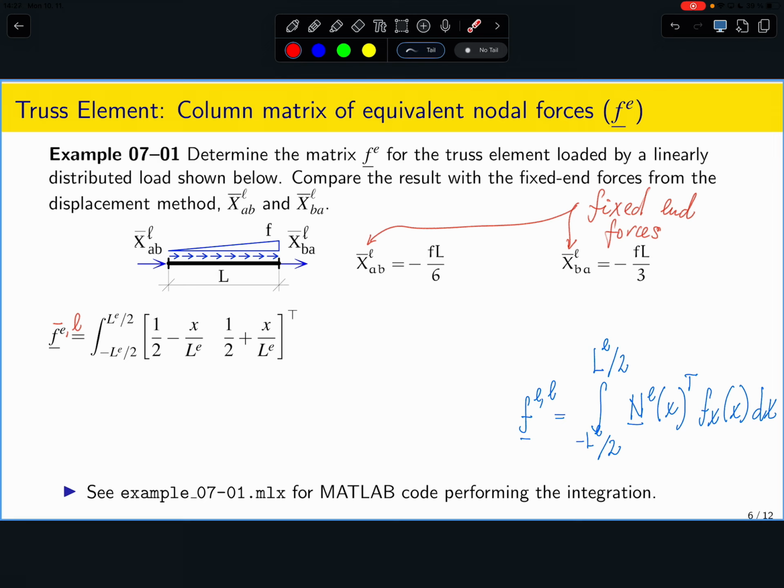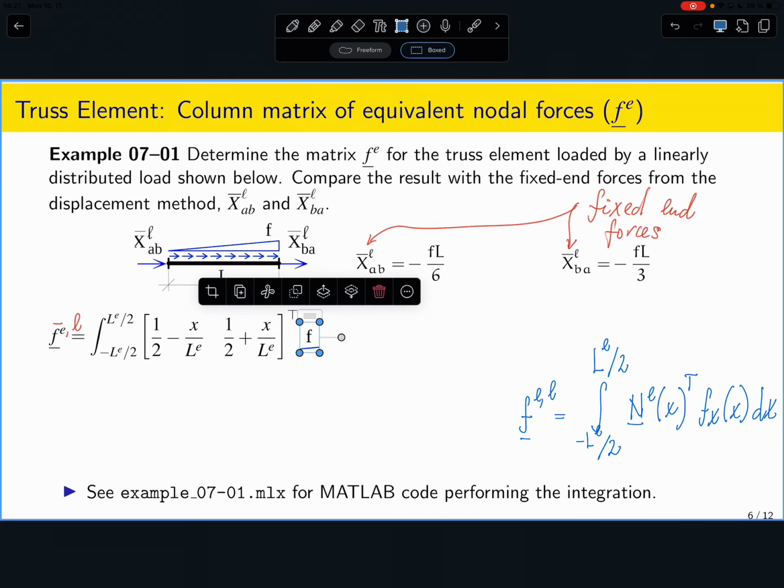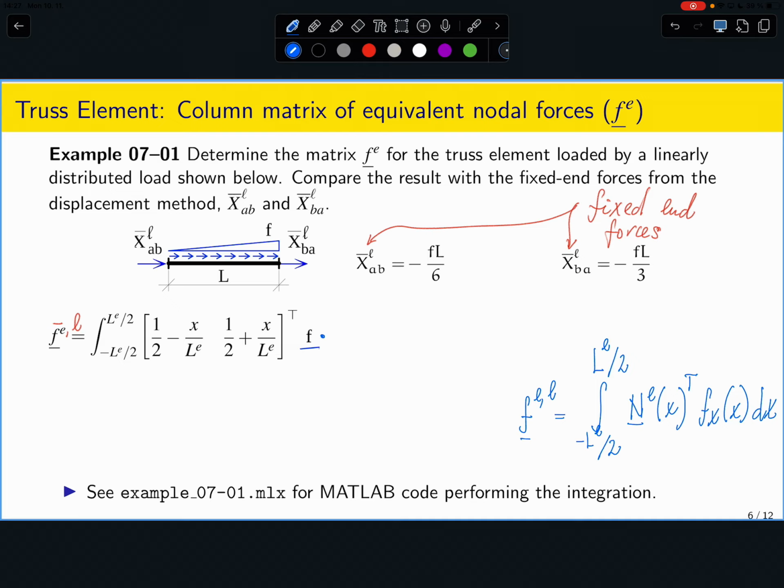So what I now can do is to take this F, and just to really make it very explicit, this F, because I'm using a lot of these symbols, and I just multiply it by this 1/2 plus x over the length of the element, and I just need to compute the x.